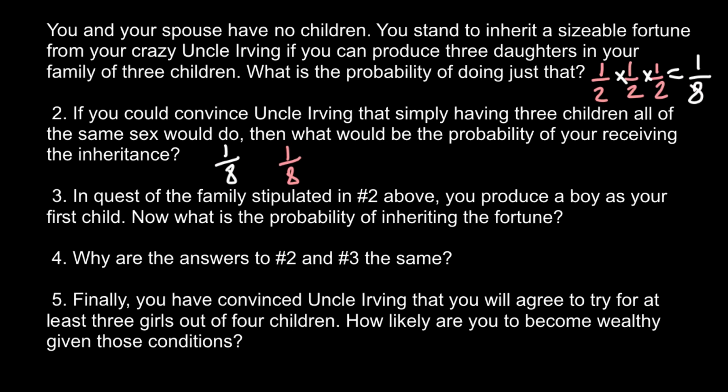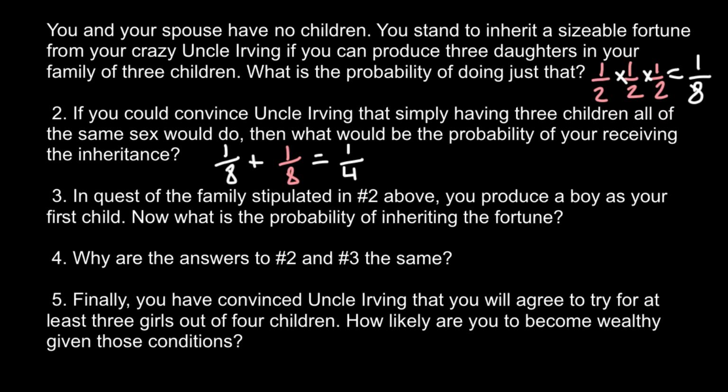In this case, we have to use the sum rule, and we have to add these two probabilities. So the answer would be 1/4. As you see, 1/4, which is 25%, is much bigger than 1/8, which is about 12.5%. So you increased your probability to inherit the money by offering this option.